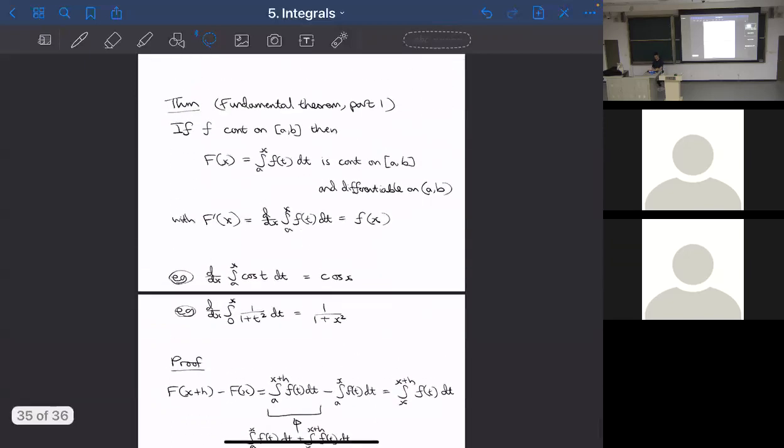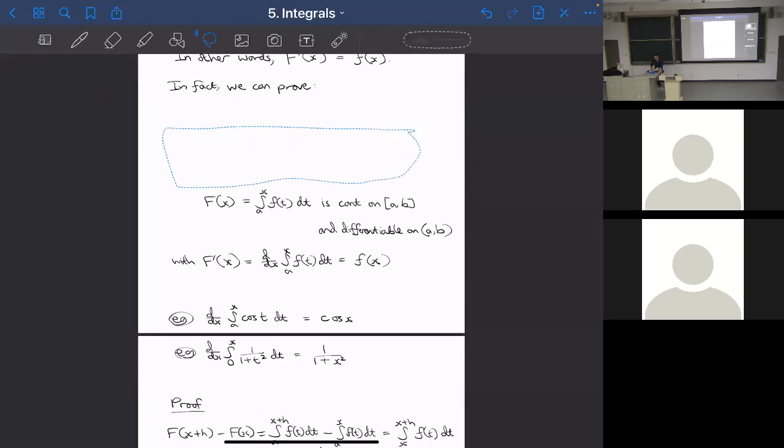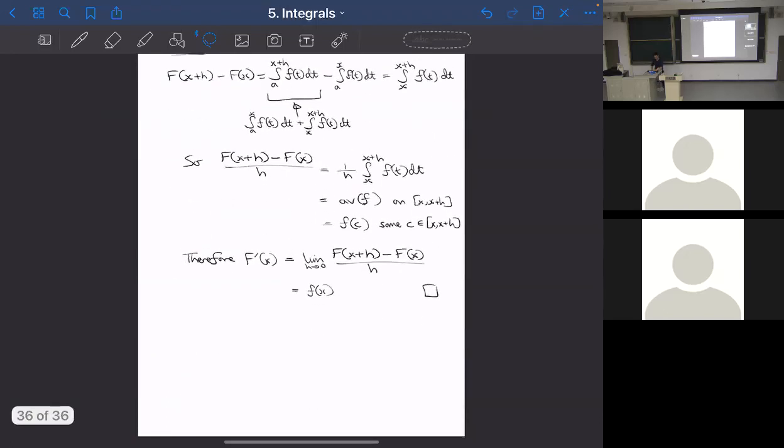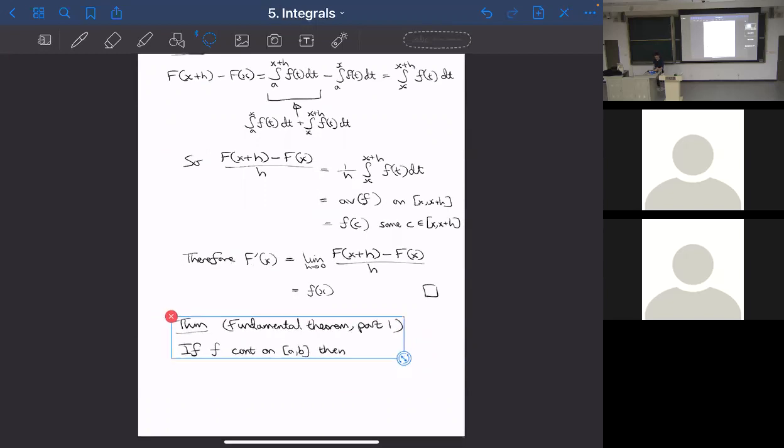Okay, so that was fundamental theorem part 1. Where we took our function little f and made a big F and showed that its derivative gave us back the original function little f.